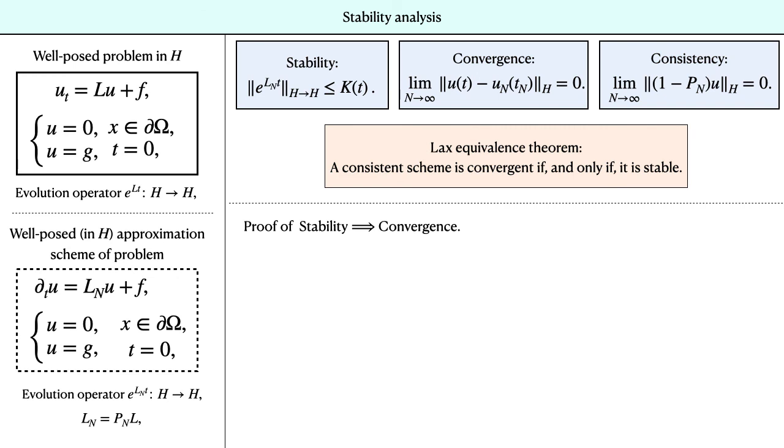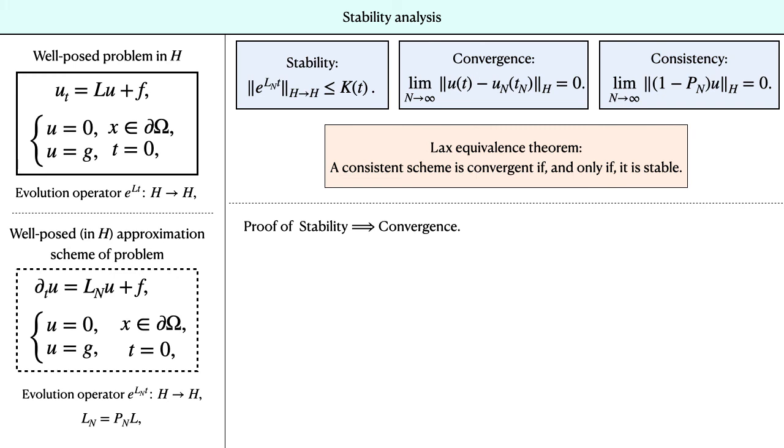I have some slides that prove the Lax equivalence theorem, but I don't have time to go through them. The conclusion is that if you're worried about convergence, you should focus on stability. Typically that is how convergence is proved in a lot of numerical analysis.